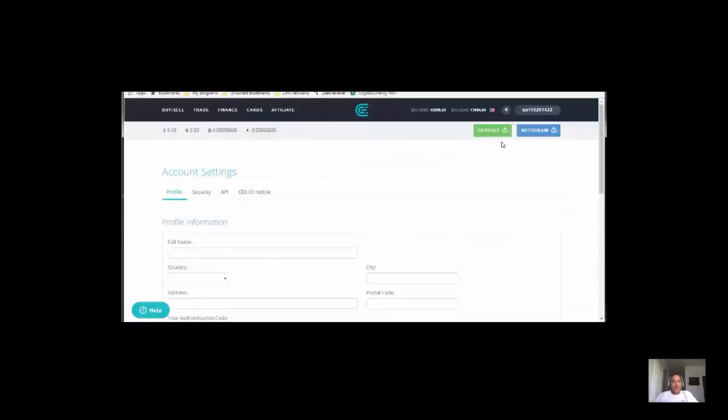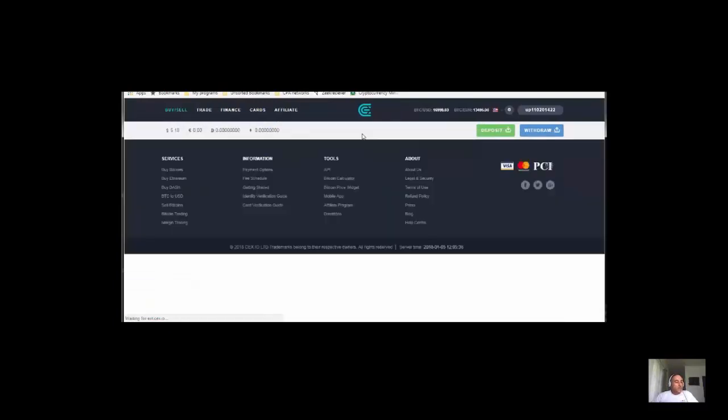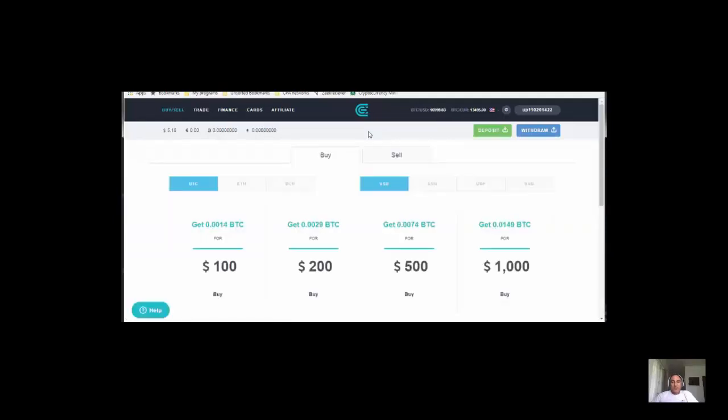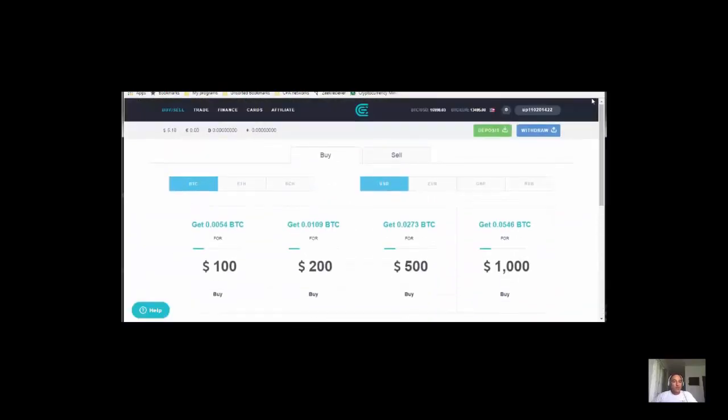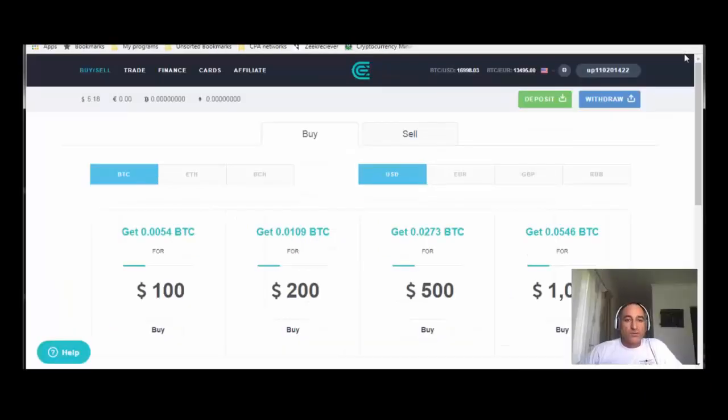That means that you must download the Google Authenticator, which is a good one, and when you activate two-factor authentication on the CEX website, you will get a QR code that you need to scan with the app on the phone, and that automatically adds your CEX account to your phone.